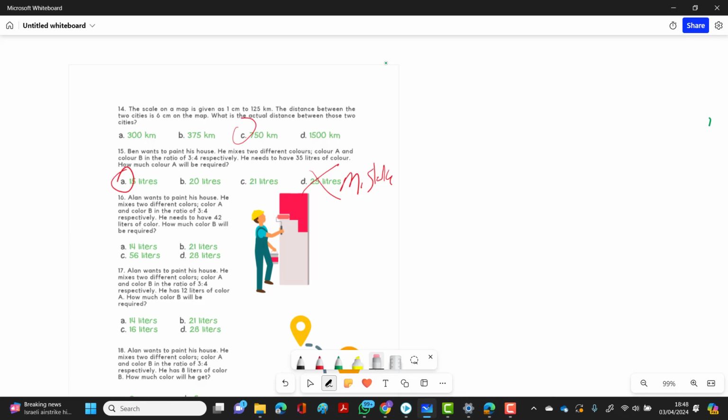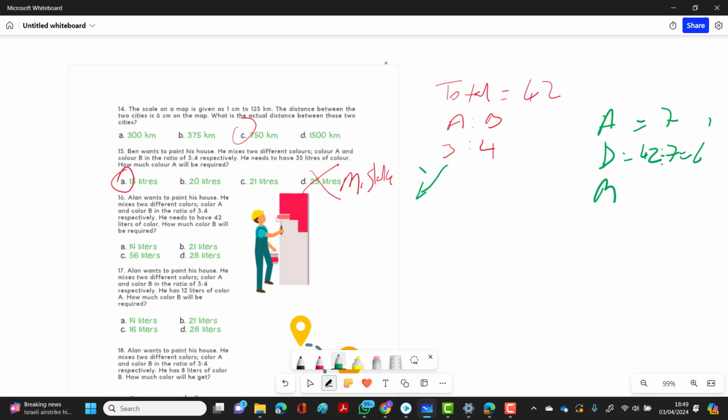Alan wants to paint his house. He mixes 2 different colours, A and B, in a ratio of 3 to 4. He needs to have 42 litres. So same thing. Total 42, A to B 3 to 4. So ADM: 7. 42 divided by 7 is 6.